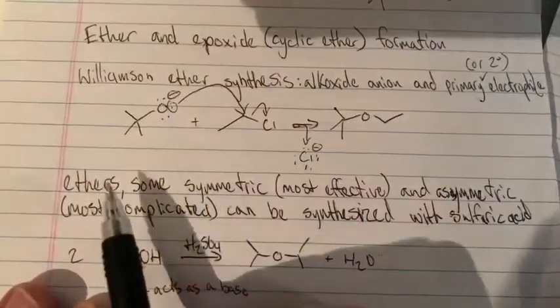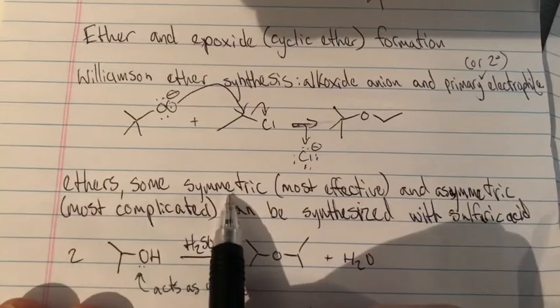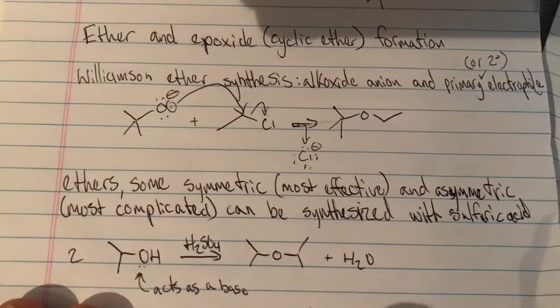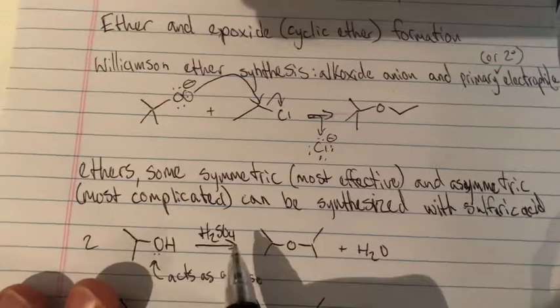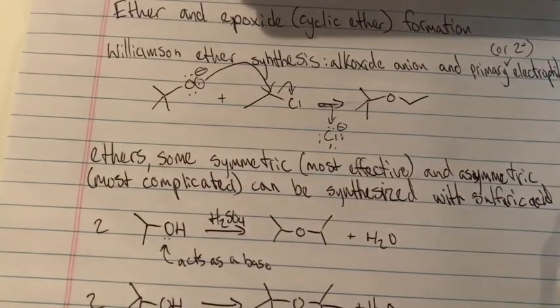Okay, so let's look at symmetric ethers. The most effective way is to just use H2SO4. I kind of alluded to that with forming esters, but in this case we're going to be forming ethers.